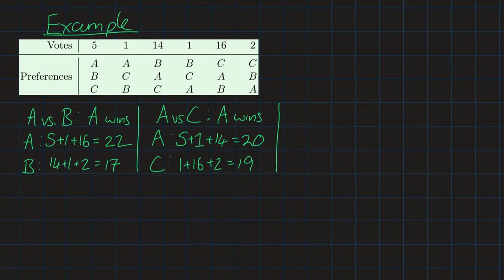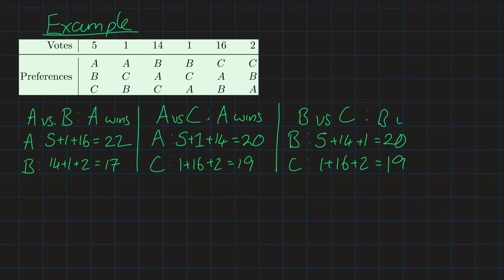I could stop here, but for completion, I just want to see who would win in B versus C. In B versus C, B would get 5 plus 14 plus 1, which is 20, and C would get 1 plus 16 plus 2, which is 19.